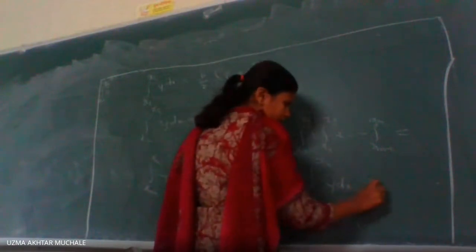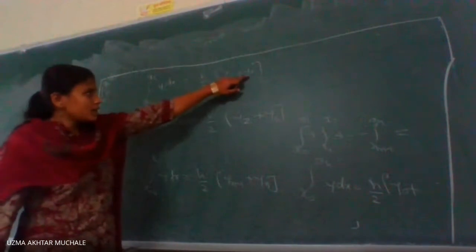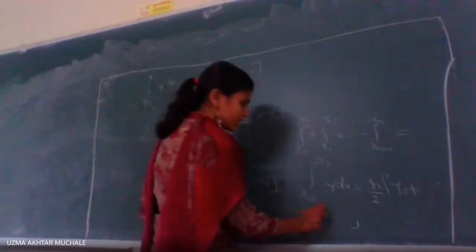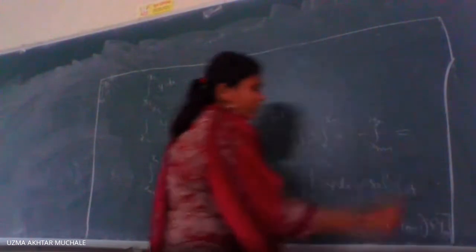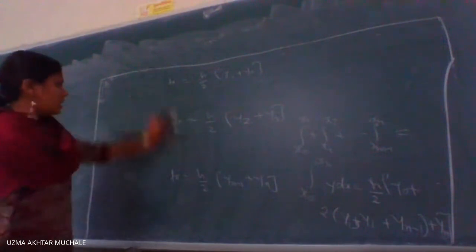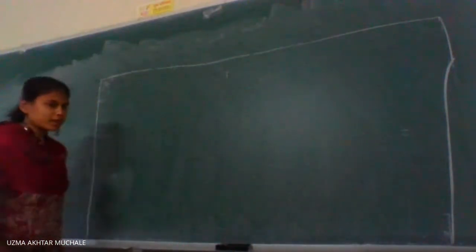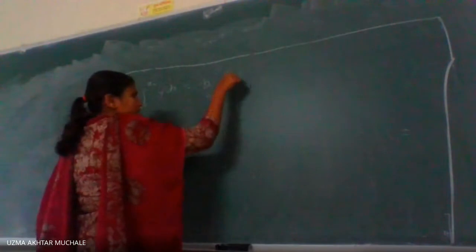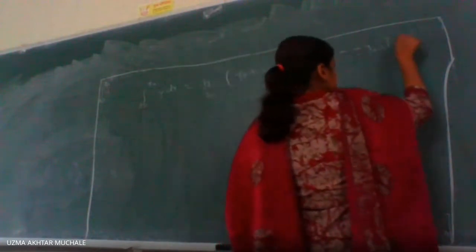Here h by 2 will be outside, and inside the bracket we have y0 plus, since these terms repeat, y1 repeats from the last one, y2 repeats, y3 repeats, so we get 2 times (y1 + y2 + ... + yn-1), and the last term is yn. So the formula for the integral from x0 to xn of y dx is h by 2 [y0 + 2(y1 + y2 + ... + yn-1) + yn].